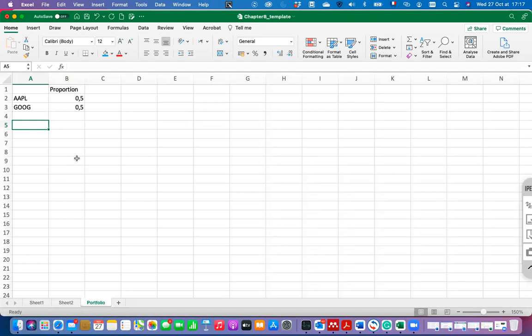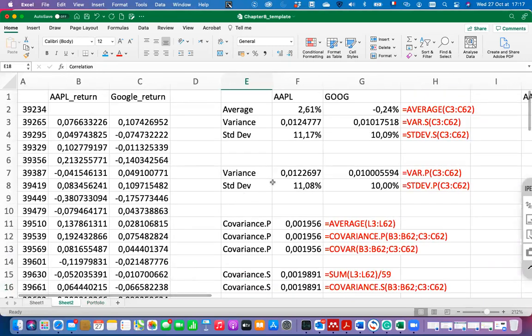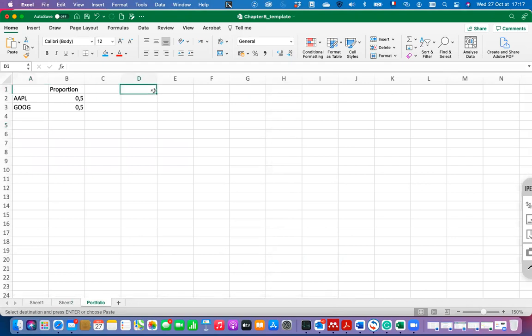So we already know the characteristics for Apple and Google. Since we know the mean, the variance, standard deviation, and the covariance between these two stocks, right? Just to see here, I will copy them, go to portfolio, and as usual, I will make special paste, just paste values.